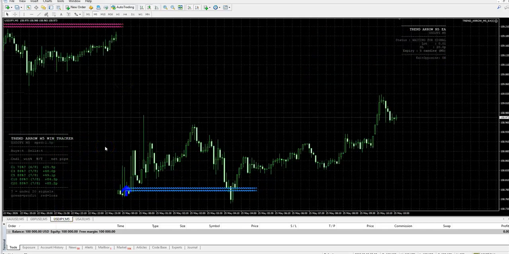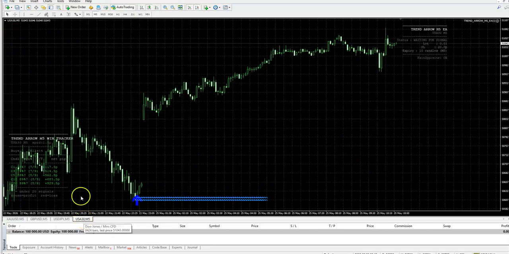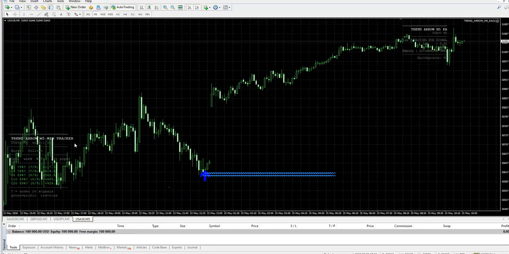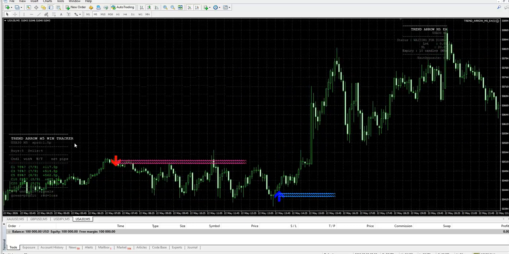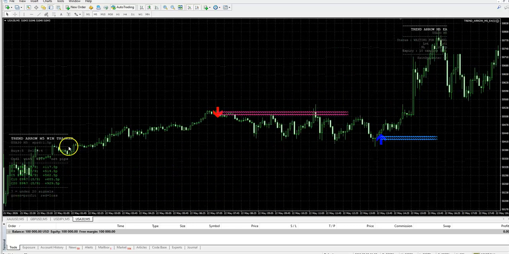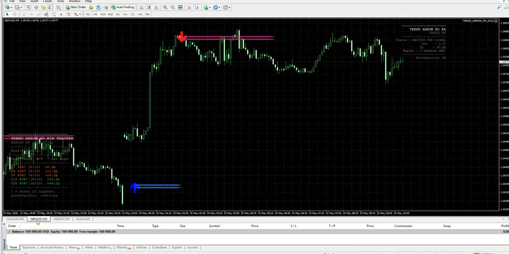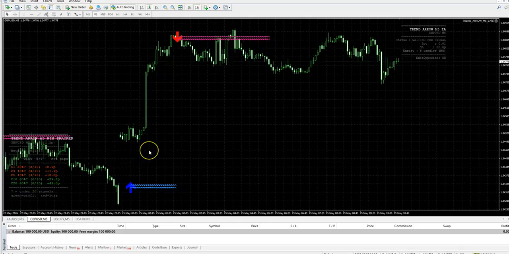You see here, for example, expiry 5 candles, 88%. You can change to any, US 30, so you can trade all assets, or GBP USD. This is a good example.